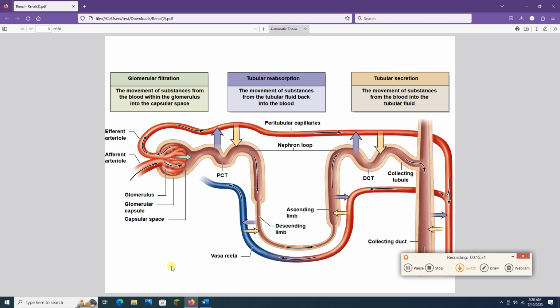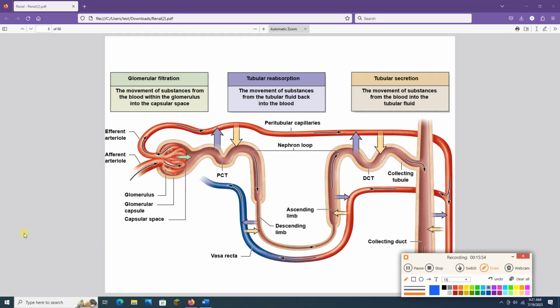Now, this is my afferent arteriole. It would come off an interlobular artery. It leads me to this ball of capillaries called a glomerulus. That ball of capillaries is a site of filtration. We're going to filter the blood. We're going to make a liquid.